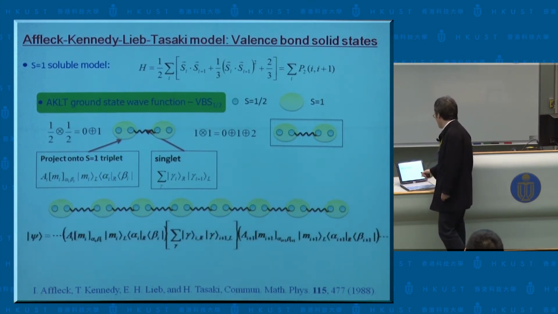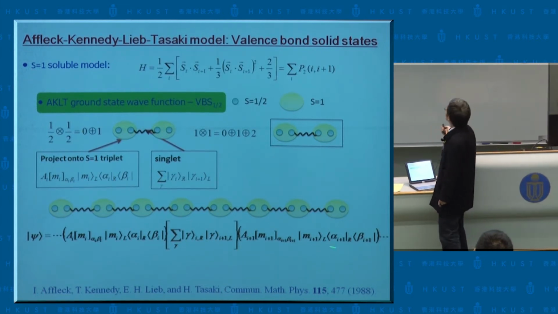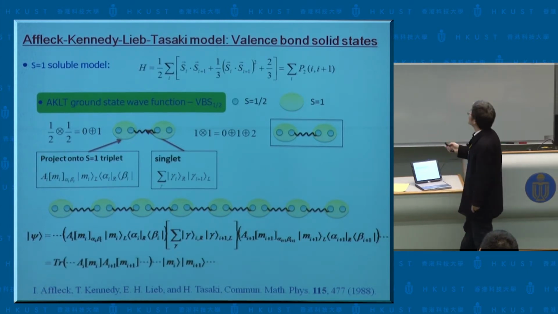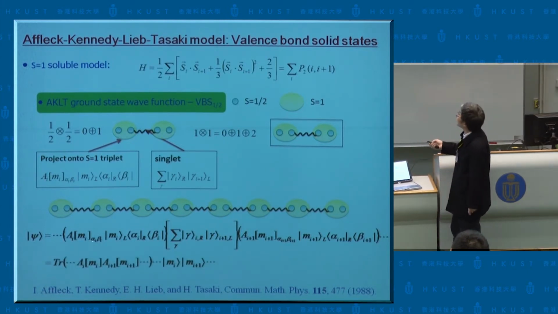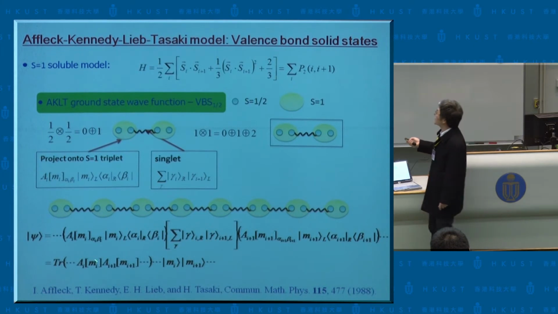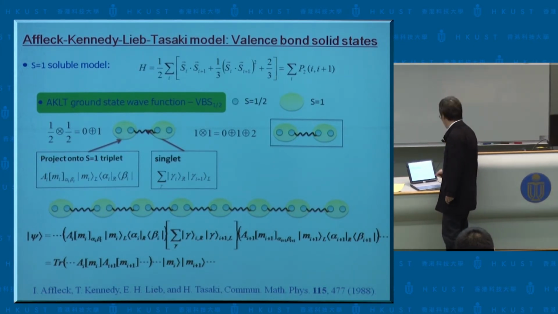For such a state, you can write down the ground state wave function in this form. You can also re-express the matrix elements, this A, in terms of some matrix form. So this is the so-called matrix product ground state wave function.